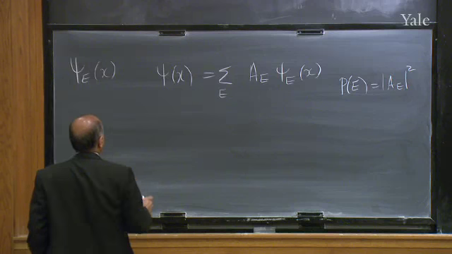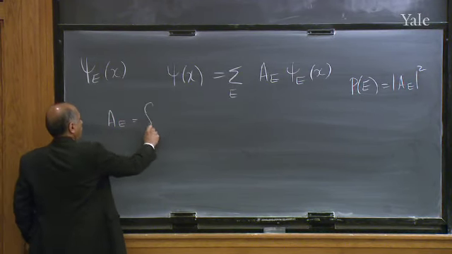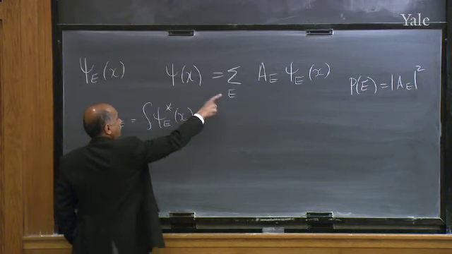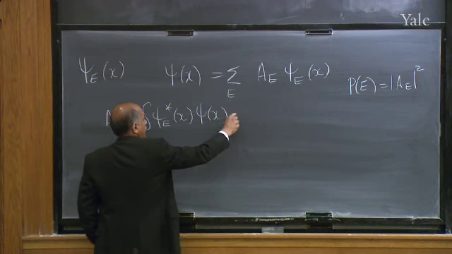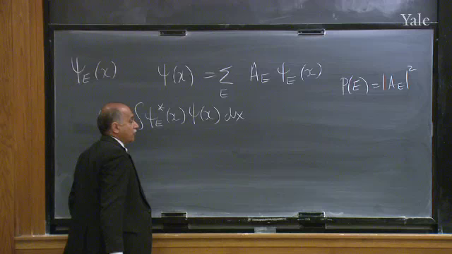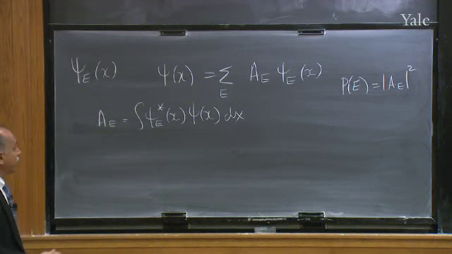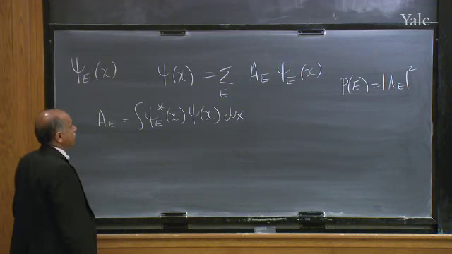And the rule for A sub E is also the same or similar. A sub E is the integral of the complex conjugate of this function associated with definite energy times the function you're thinking about, integrated over space. It's the same rule. So the problem can take many forms.